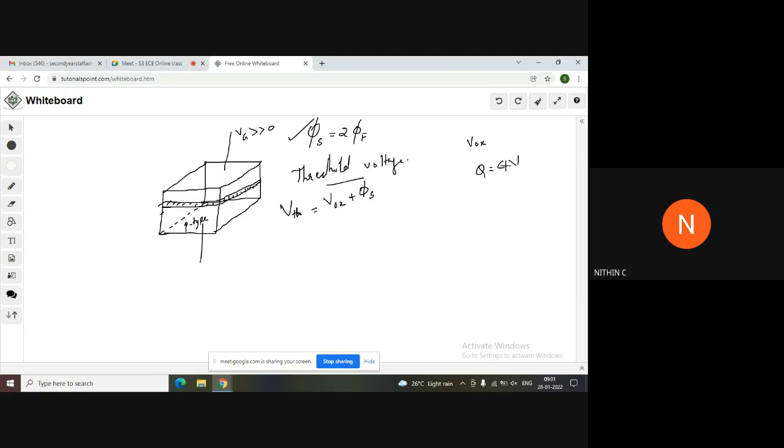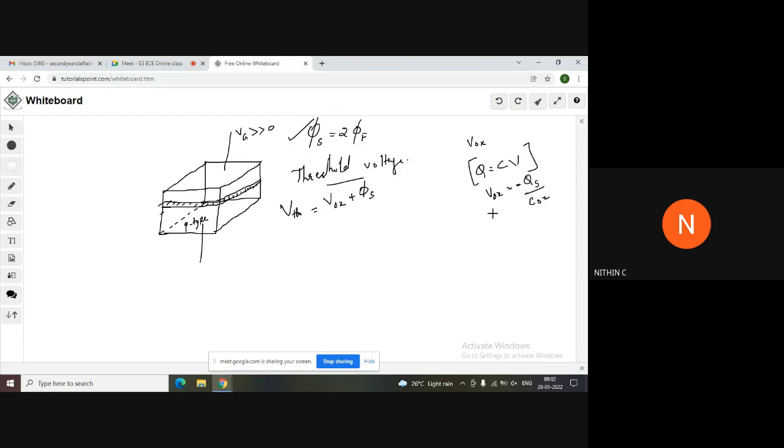There is an expression like this. So from that we need to derive the VOX value: minus QS divided by COX.